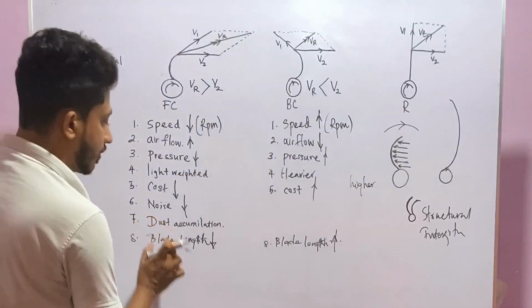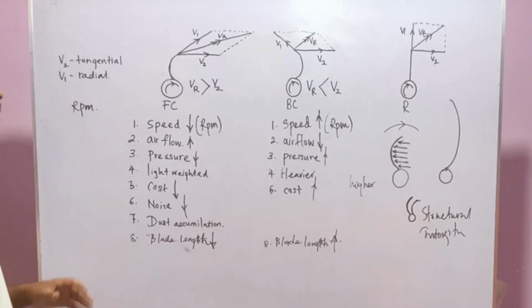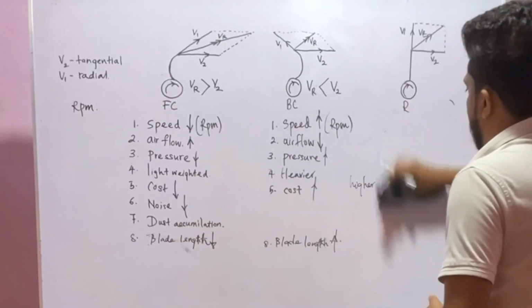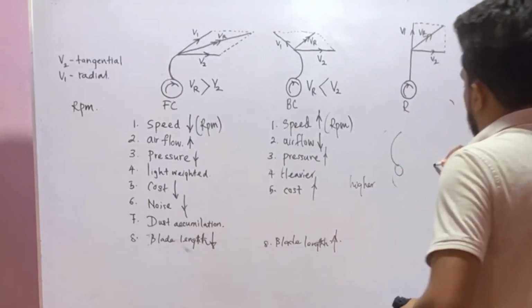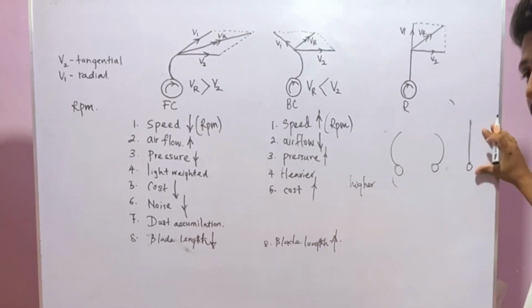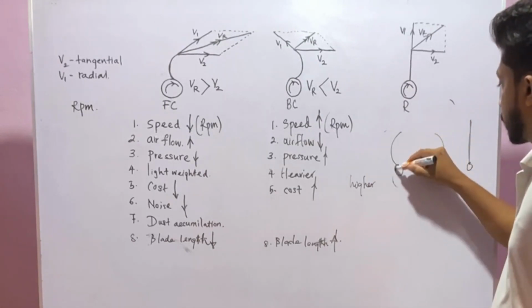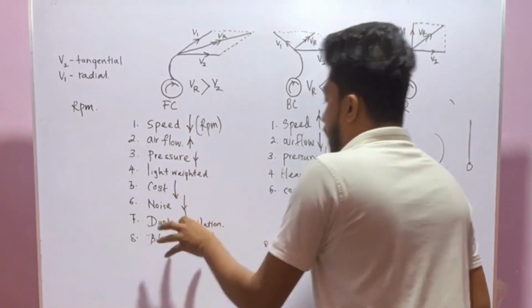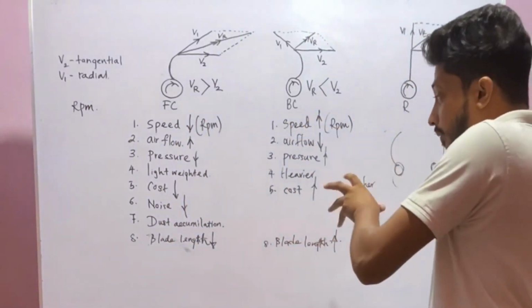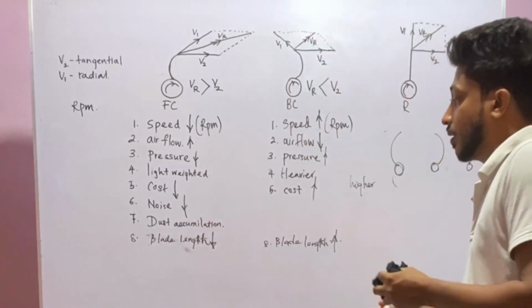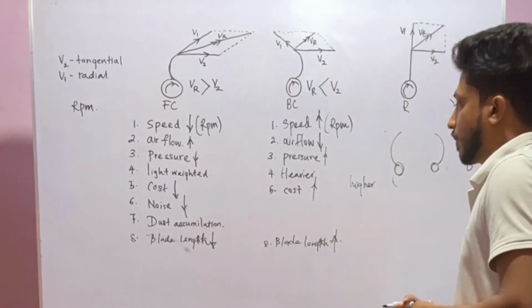Okay, we skip that dust accumulation. So forward curve and backward curve fans both have a curvature like this, but a radial fan does not have a curvature like this. Because of this curvature, both forward and backward curve fans have a dust accumulation effect on these impellers.